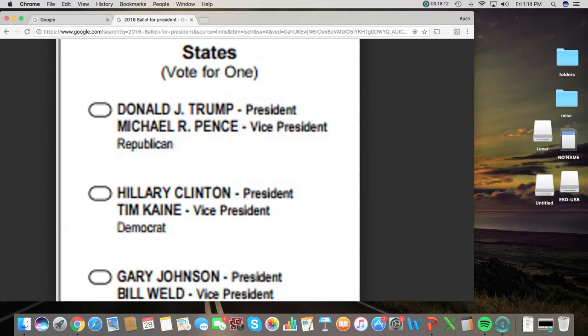Well, guess what? We go out and we count every single one of those votes because those votes do matter. We count every single one of those votes here in Texas. And then based on how many each candidate receives, that will dictate who gets the state's electoral votes.